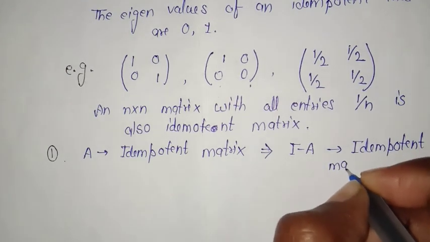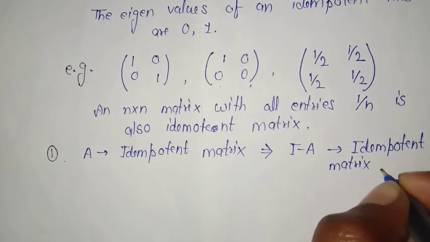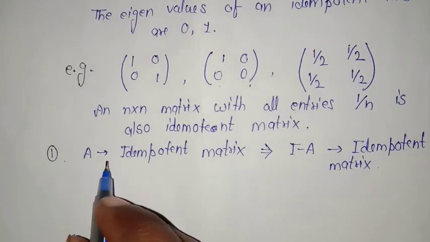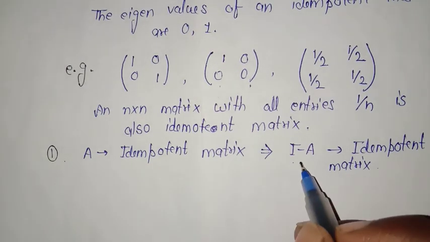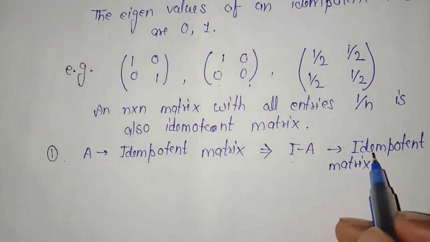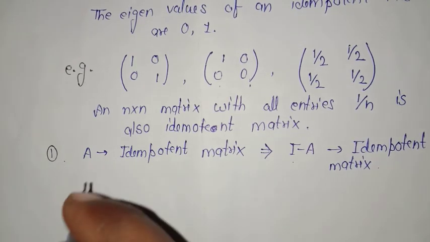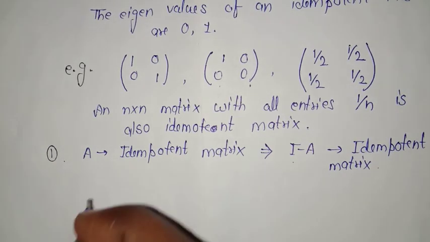This question was asked in CSIR NET, that if you have an idempotent matrix, what can you say about I minus A? So that must be an idempotent matrix. And I will show how it is possible.